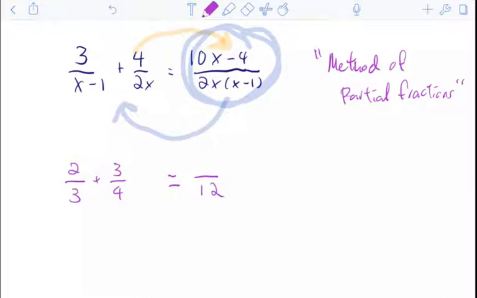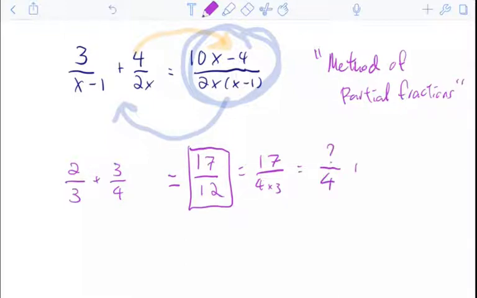Okay, so if somebody gives you 17 over 12, this is from maybe elementary school, you can rewrite this expression. You can factor the 12 into a 4 times 3.